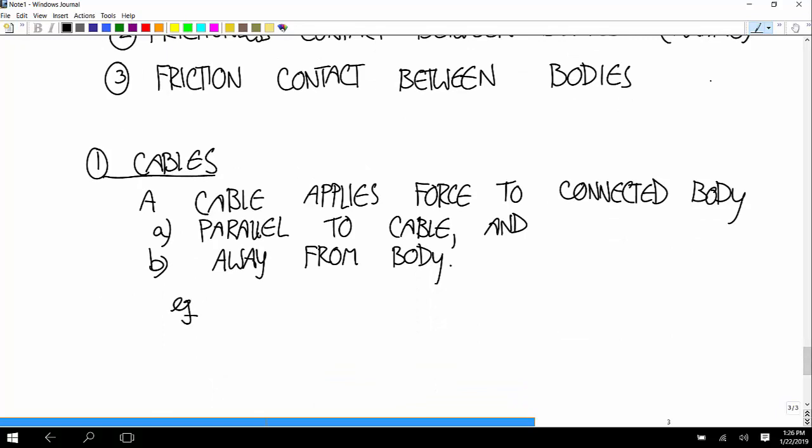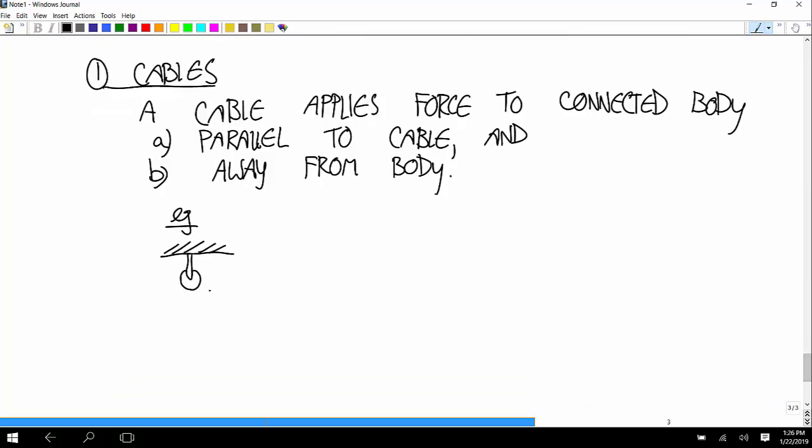So for example, if you have a setup like this, where you have two masses hanging from the same cable that's going over a pulley. Let's call this box 1 and this box 2.